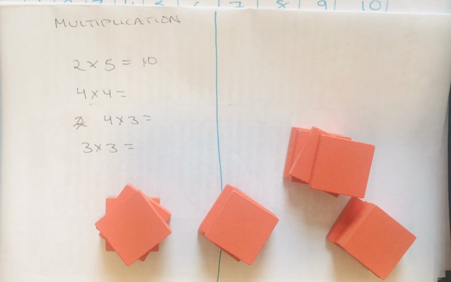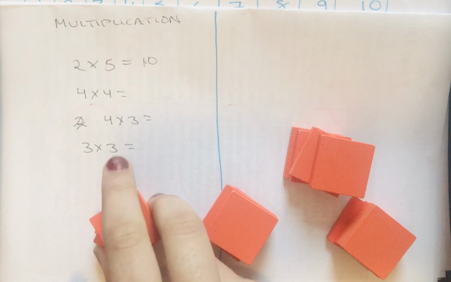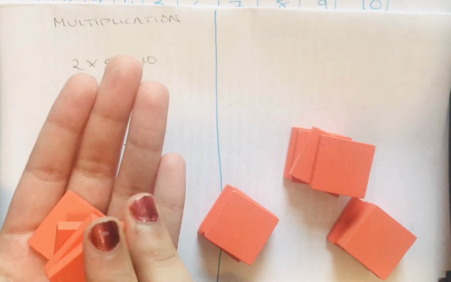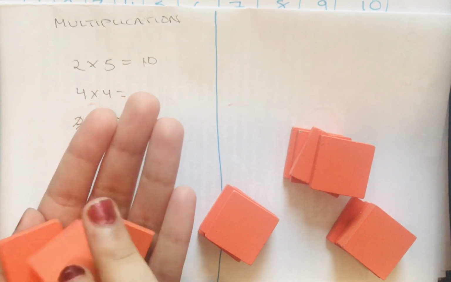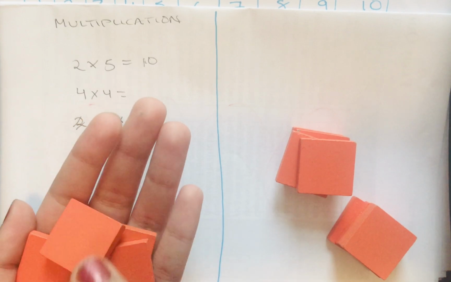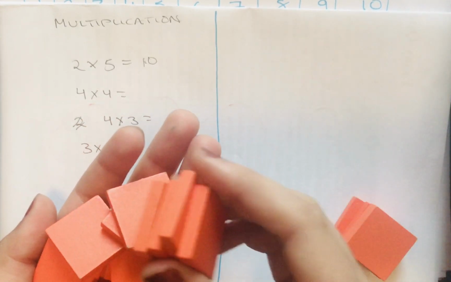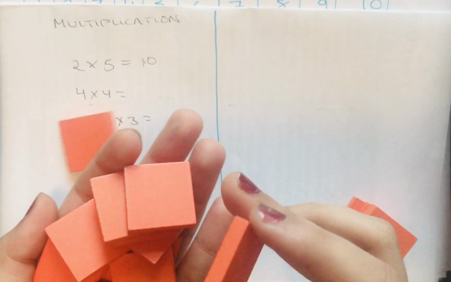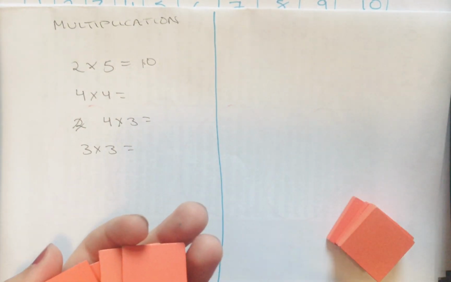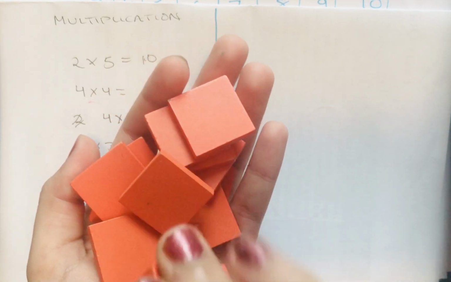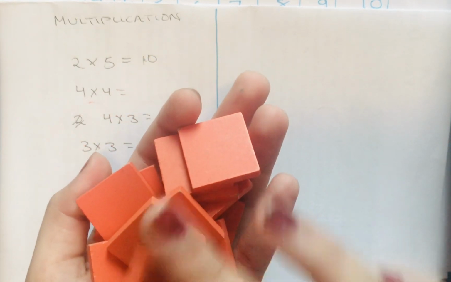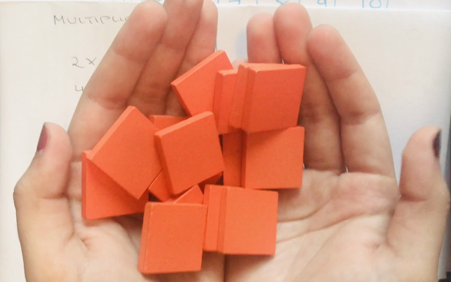Each pile has 4 squares. So let's see, 4 times 4 is equal to, let's count, 1, 2, 3, 4, 5, 6, 7, 8, 9, 10, 11, 12, 13, 14, 15, and 16. So 4 times 4 is 16.